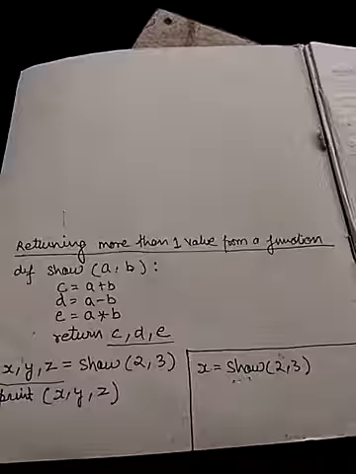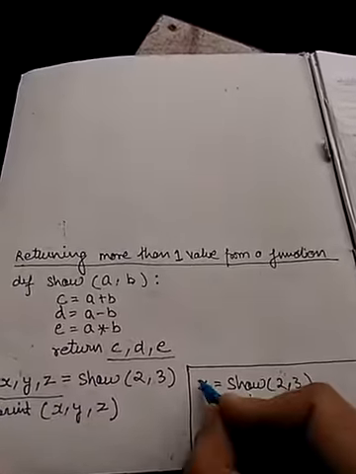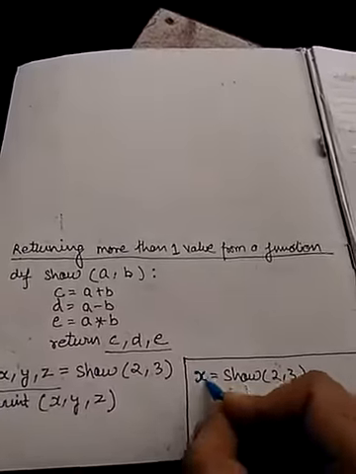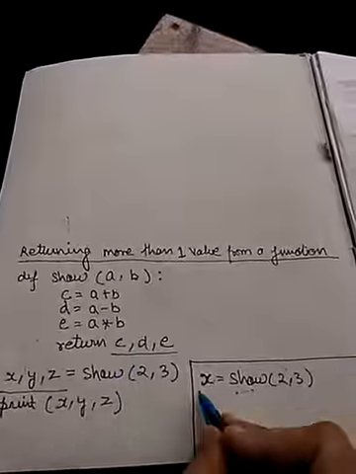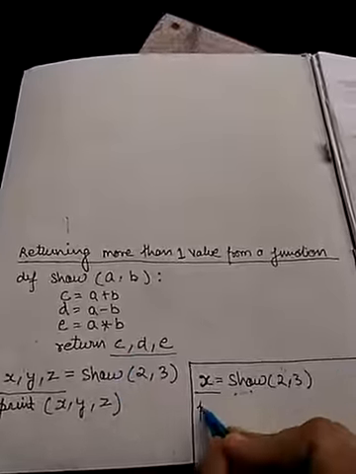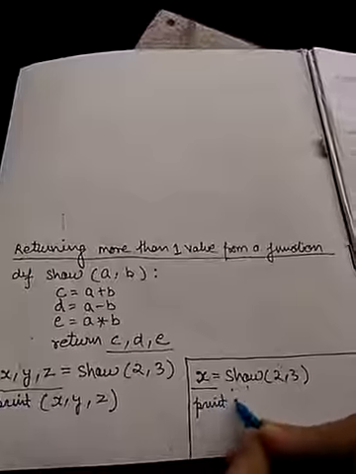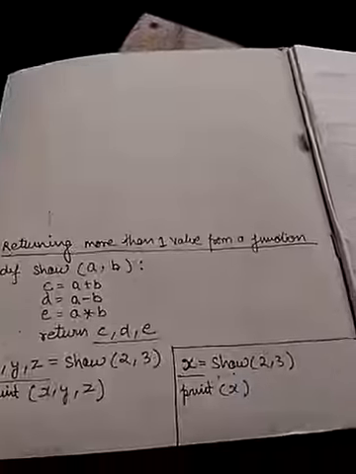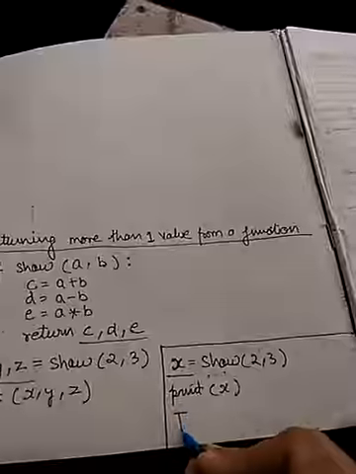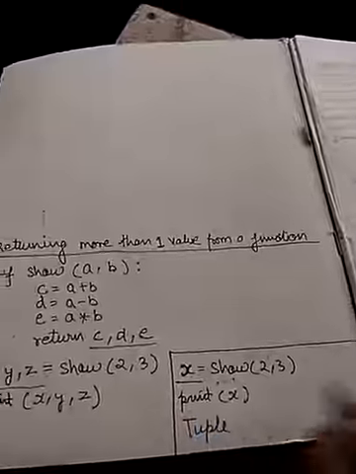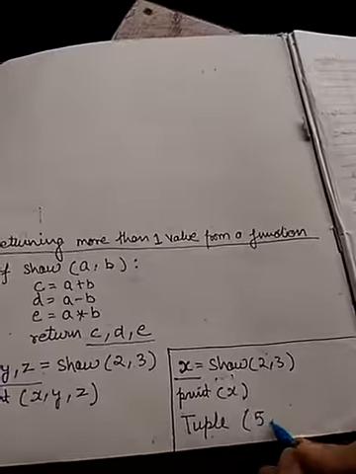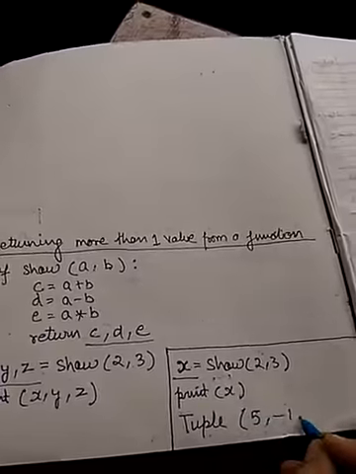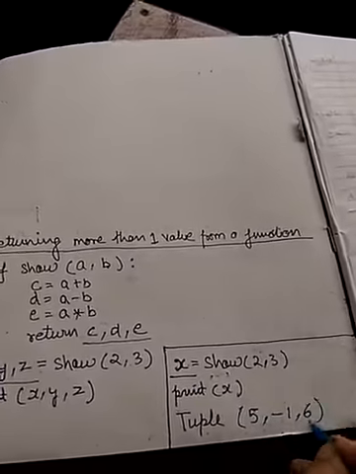Now in x all three values will be assigned together. These values are assigned to the single variable x. If I write print x, then what will be the output? The output will be a tuple. Means you will get the answer 5 comma minus 1 comma 6.